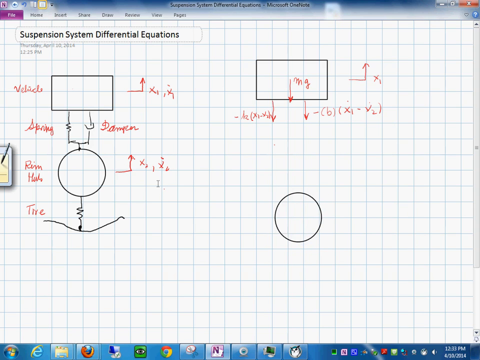In here we will have that this force is acting on this side, and in the other direction it will be acting over here, see? So this would be k times x1 minus x sub 2 like this, and this would be b times x1 minus x2 dot.